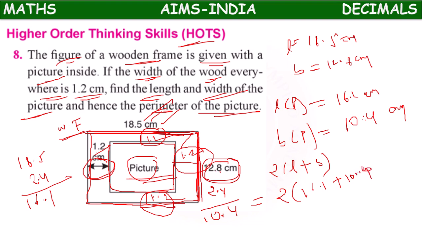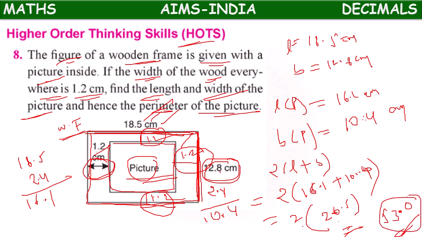If we add both, 16.1 plus 10.4 means 26.5. 26.5, 2 times 5, 10, 0. 2 times 6, 12 plus 1, 13. 2 times 2, 4 plus 1, 5. 53.0 centimeter. 53 centimeter is the perimeter of the picture.